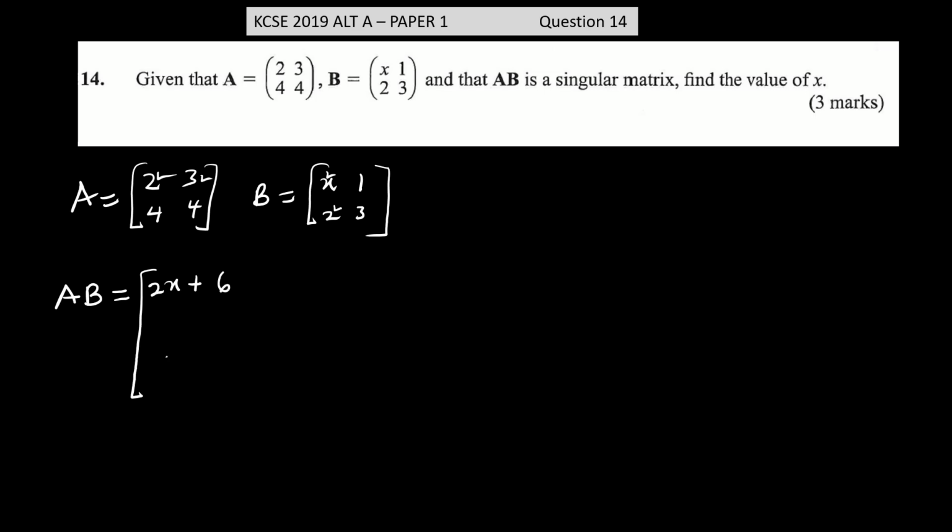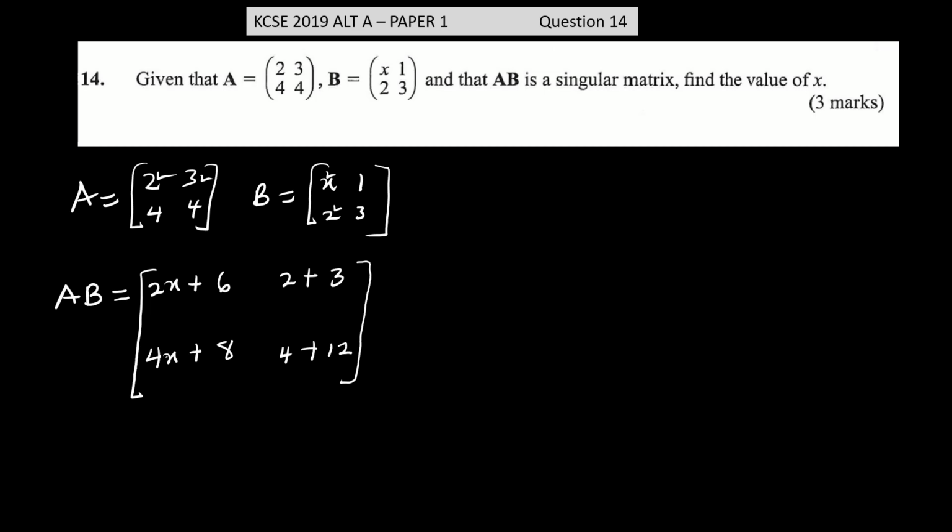To get this side, we multiply 4 times x, that is 4x, plus 4 times 2, which is 8. The other side, we multiply 2 by 1, this is 2, plus 3 times 1, 3. And 4 times 1, which is 4, plus 4 times 3, which is 12.